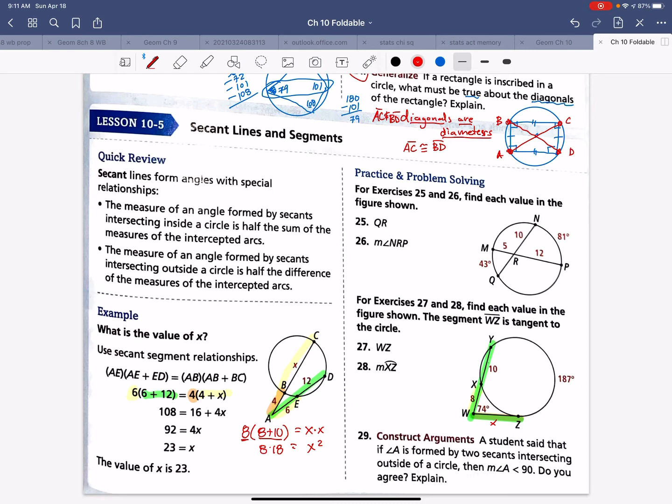So 8 times 18 is 144. Ooh, we got lucky. The square root of 144 is 12. So if we plug this back in, we notice 8 times 18 is 144 and 12 times 12 is 144. So definitely our length of WZ is 12 units long.